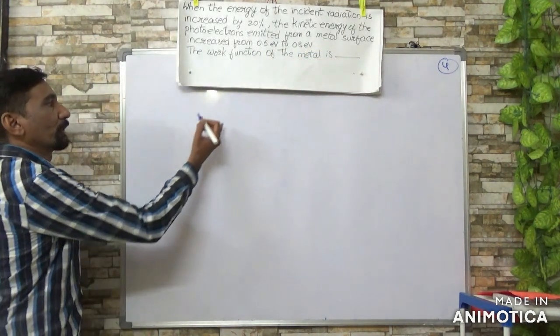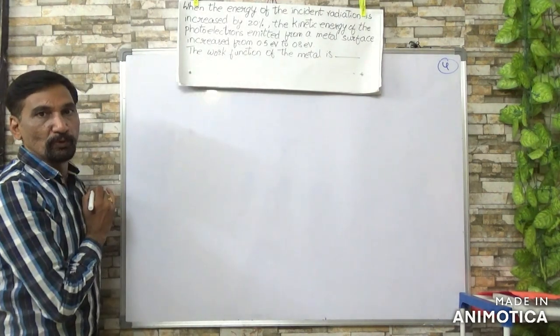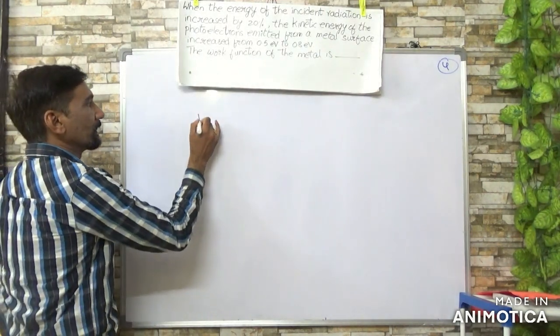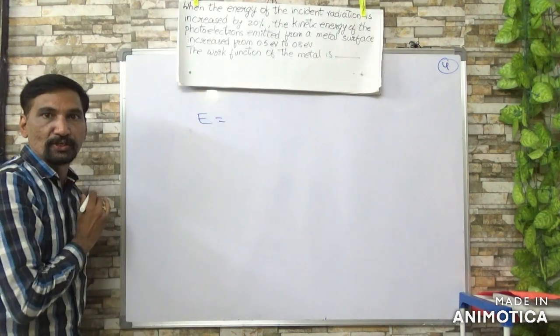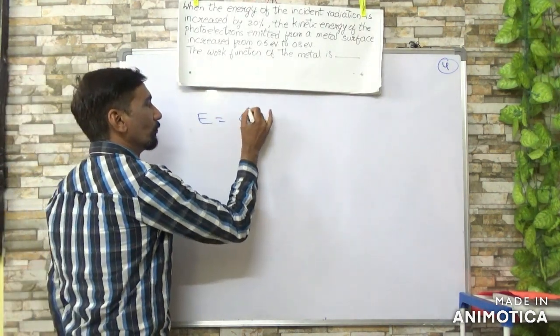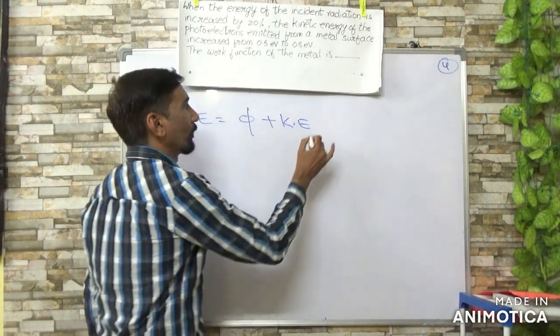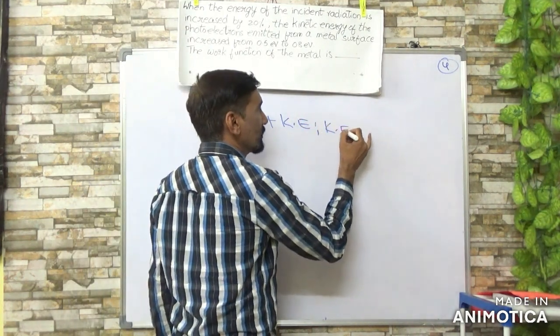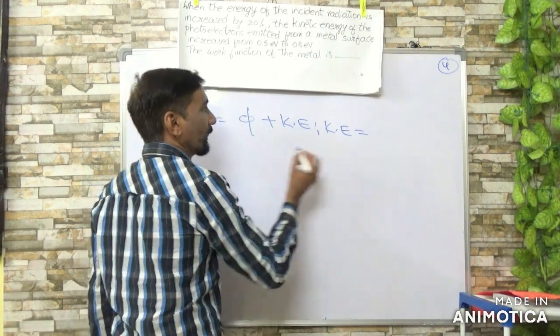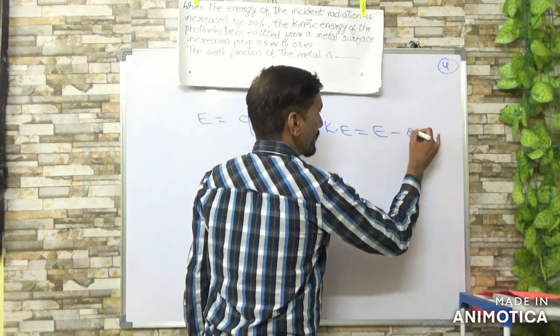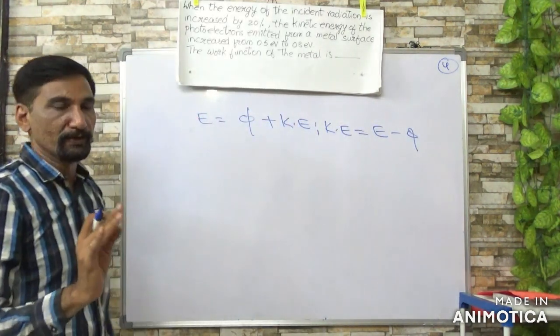According to Einstein's photoelectric equation, incident energy E is equal to work function plus kinetic energy, or you can write kinetic energy is equal to total energy minus work function, right?